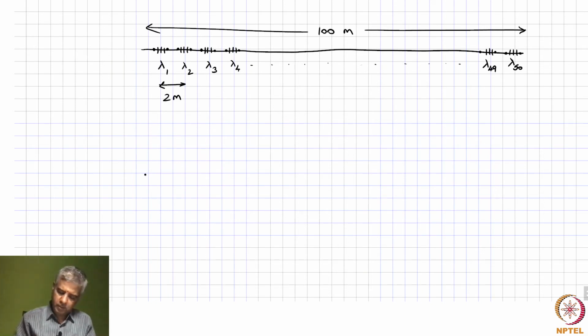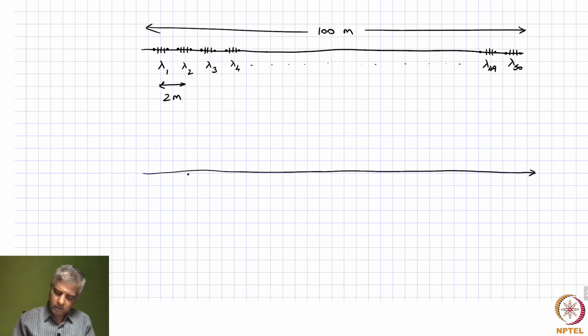If you integrate the gratings without any perturbation, you will have one grating centered around lambda 1, another centered at lambda 2, then another at lambda 3, lambda 4 and so on, up to lambda 49 and lambda 50.